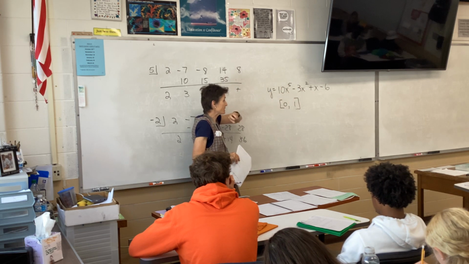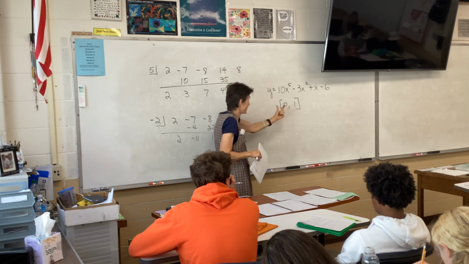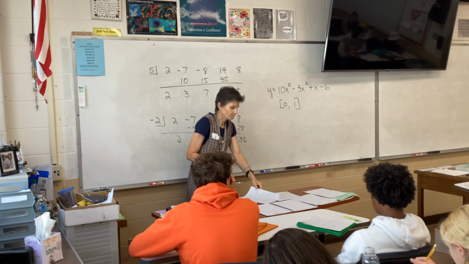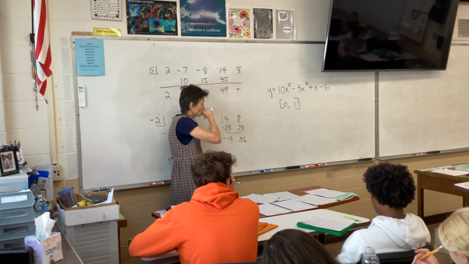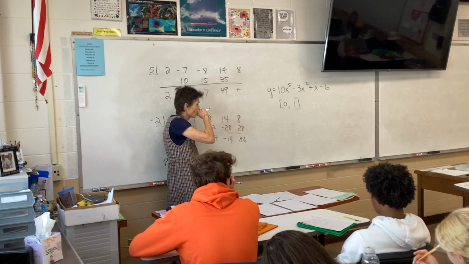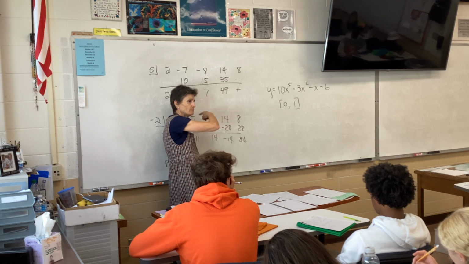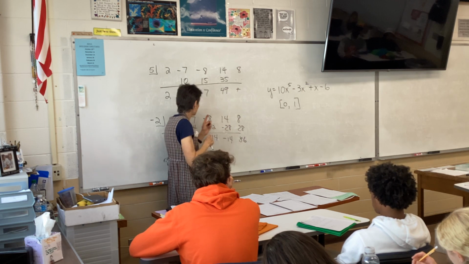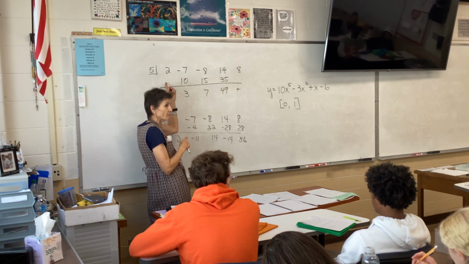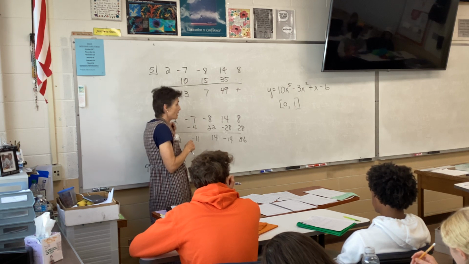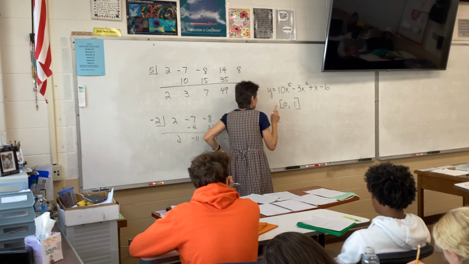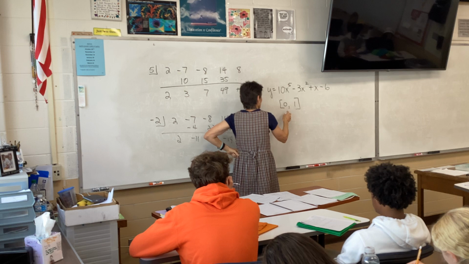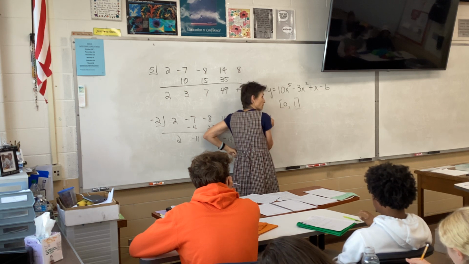Every single real 0 is going to be just in that little tiny space. Isn't that kind of this idea over here? Because didn't you tell me over here that all the zeros were between -2 and 5? So if all of the zeros have to be in here, then shouldn't 1 be an upper bound?